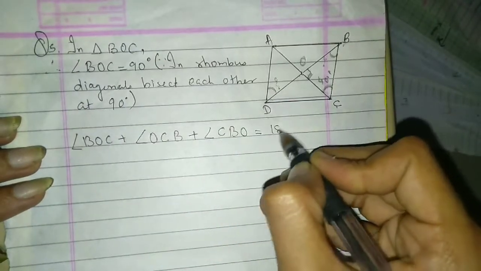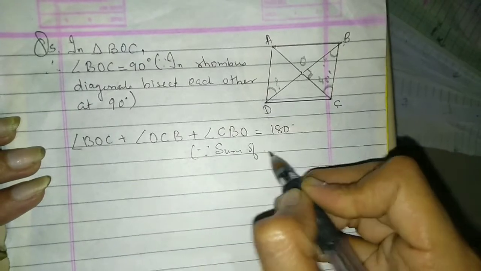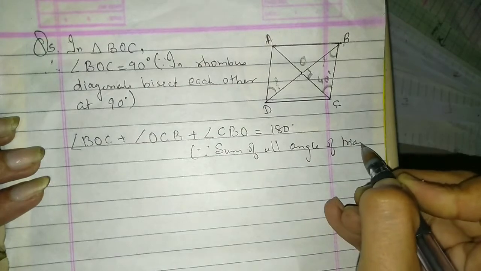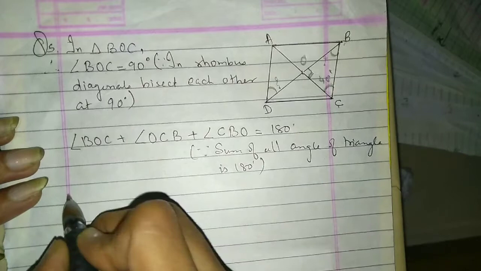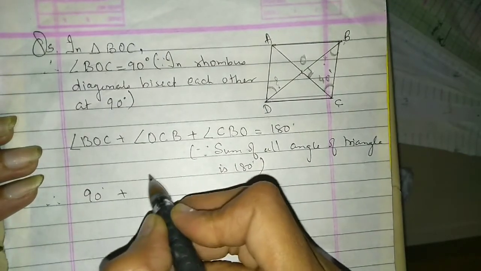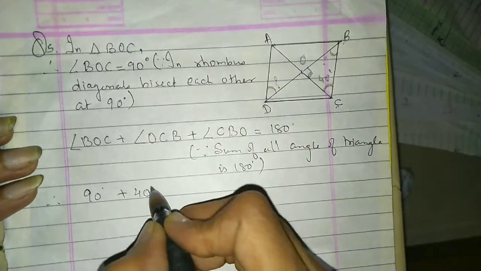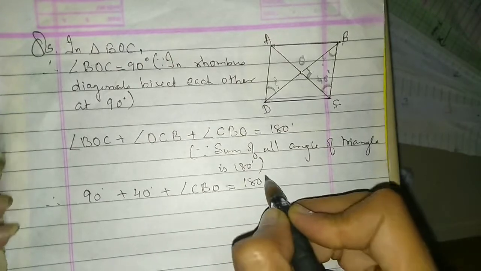CBO equal to 180. What is the result? The sum of all angles of a triangle is 180 degrees. So therefore, BOC is 90 plus OCB is 40 plus angle CBO equal to 180.